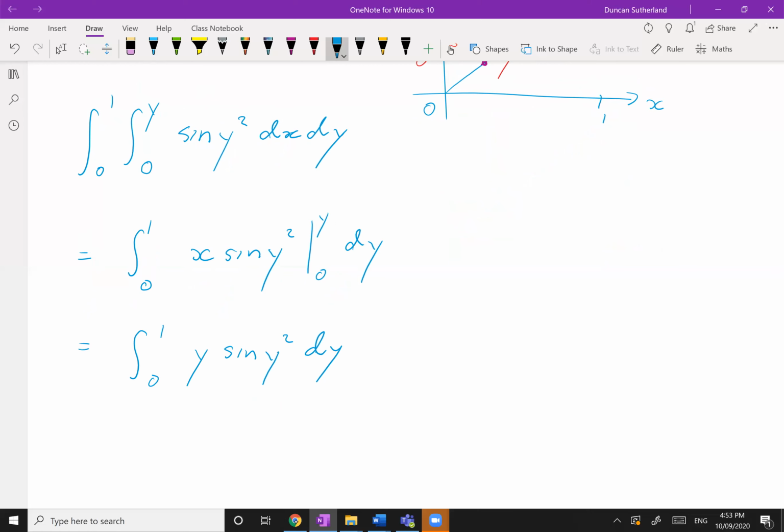We substitute, say, u equals y squared, du equals 2y dy. So we see that if we had a 2 here, right, we could just substitute du for the 2y dy.